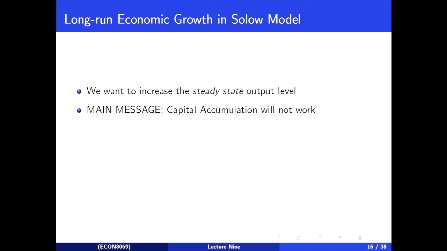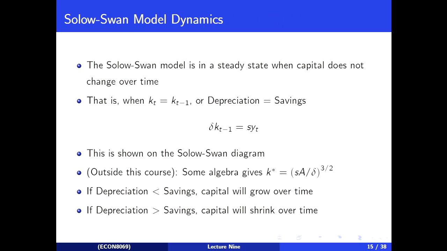So what we almost really want is to increase the steady state output level. We want to cause economic growth to happen. The level of capital growth is this gap here, right?